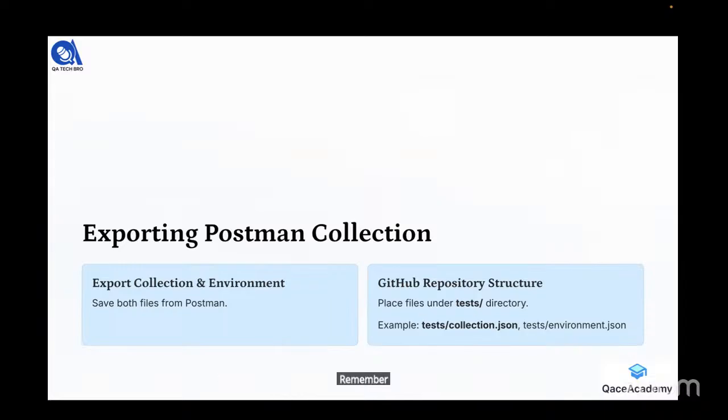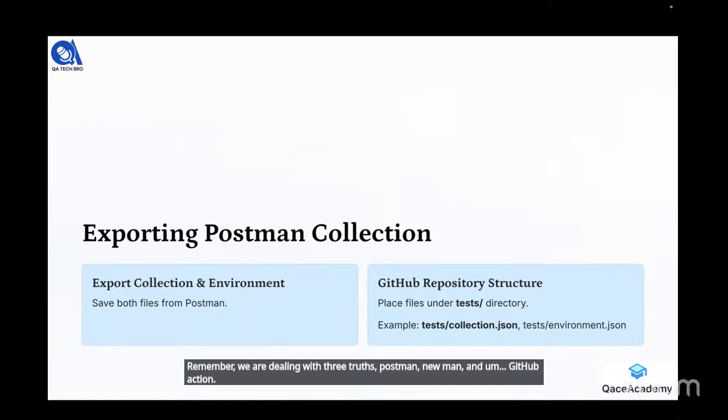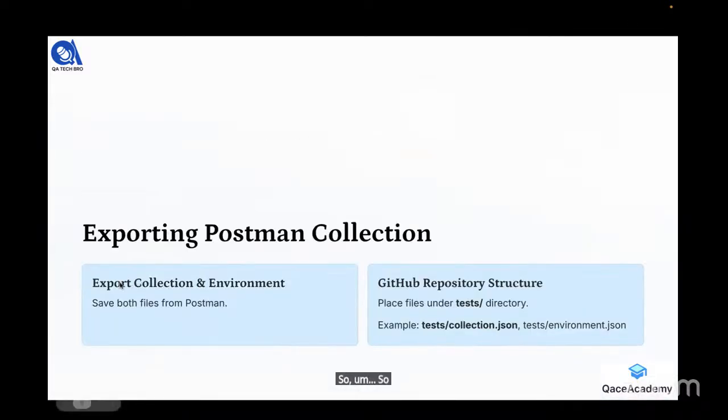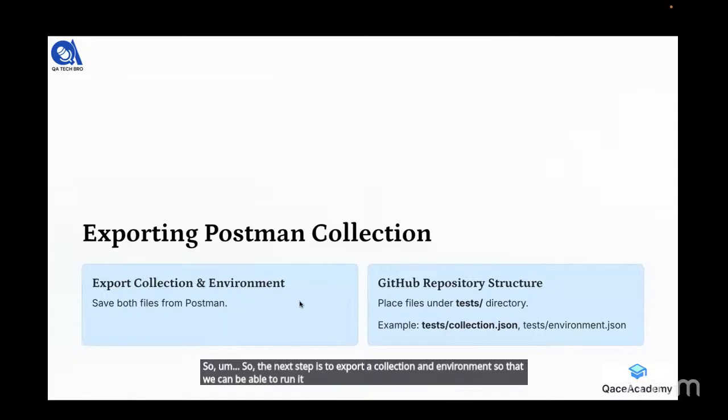Remember, we are dealing with three tools: Postman, Newman, and GitHub Action. So the next step is to export our collection and environments so that we can run it locally as well as on GitHub Action.